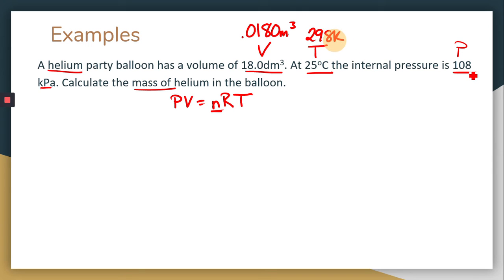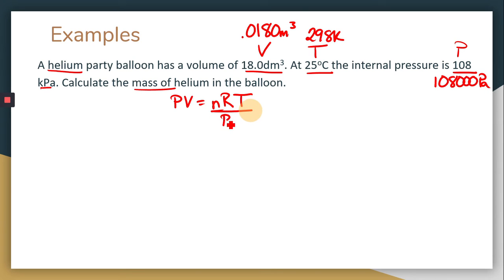Pressure needs to be in pascals, so to go from kilopascals to pascals, if you're using King Henry, K to U, so that's 3 places to the right, so we would have 180,000 pascals.